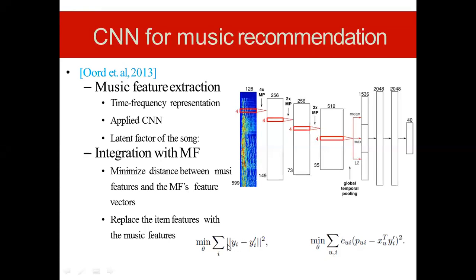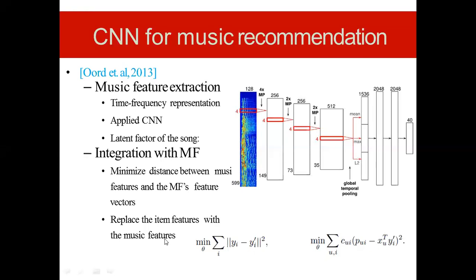The first step is to learn the latent factors from the content of the songs, from the music. Once we learn that latent factor, y_i prime, we plug it into the traditional latent factor model, and then we can learn x_u.